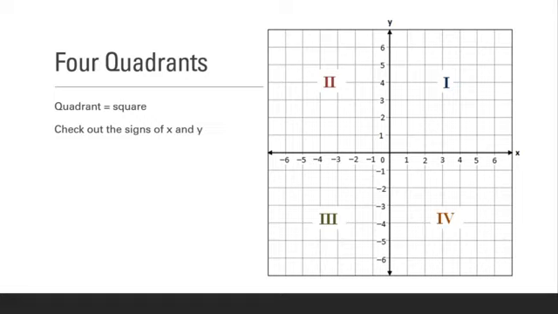Now the reason I point this out is that depending on where you or your child is at, you might be asked what point is in quadrant 1, or you might be given some coordinates and you need to figure out which quadrant it is in. Now, I hope you noticed that the signs of X and Y are different in each of the quadrants, and then I also hope you noticed that the quadrants are labeled in a funny order. It's counterclockwise, okay?